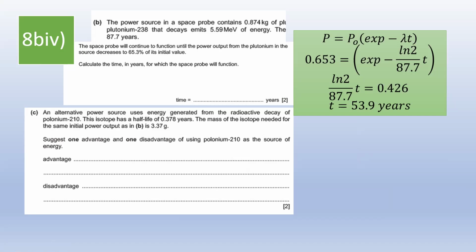An alternative power source uses energy generated from the radioactive decay of polonium-210. The isotope has a half-life of 0.378 years. The mass of isotope needed for the same initial power output as in part B is 3.37 gram. Suggest one advantage and one disadvantage of using polonium-210 as a source of energy. Okay, what's the advantage?